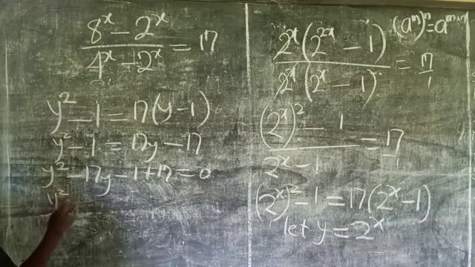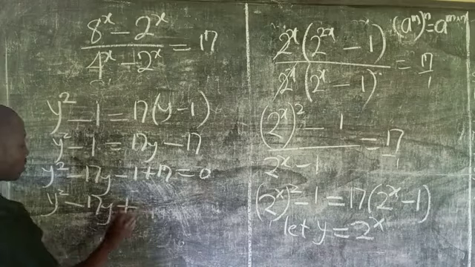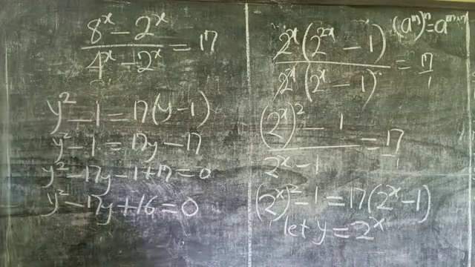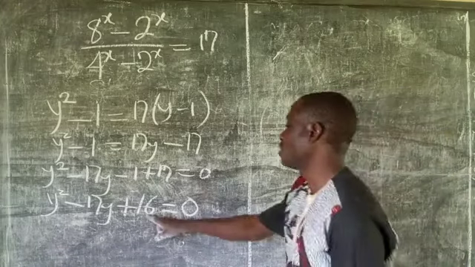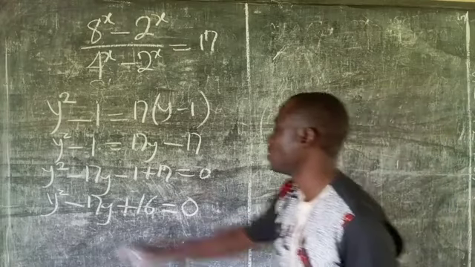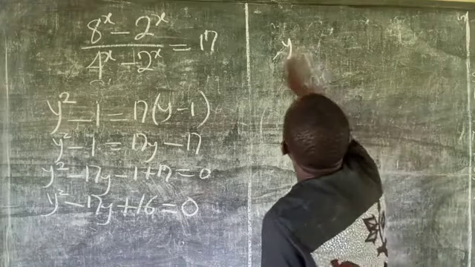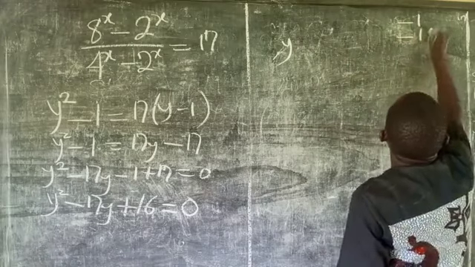So y squared minus 17y plus 16 is equal to 0, and this obviously is a typical quadratic equation. Minus 1 times minus 16 will be positive 16, and minus 1 plus minus 16 will be minus 17. So the factors are minus 1 and minus 16.